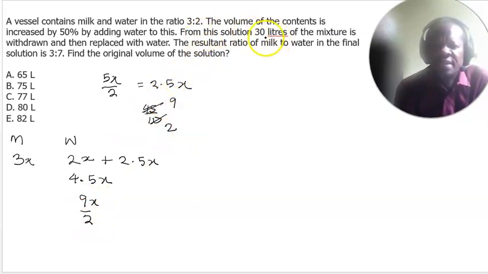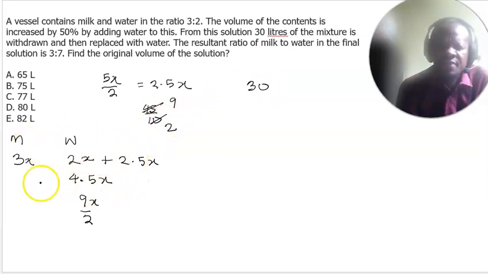From this solution, 30 liters of the mixture is withdrawn and then replaced with water. We have a mixture here which is 3x of milk by volume and 9x/2 of water. So 30 liters of this mixture was withdrawn. So let's calculate the amount of milk and water we have in that 30 liters.